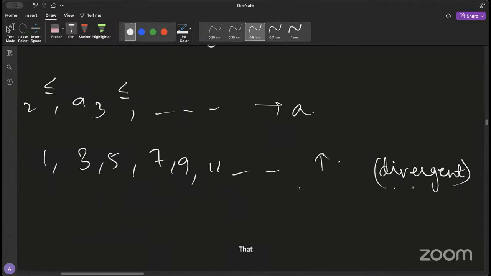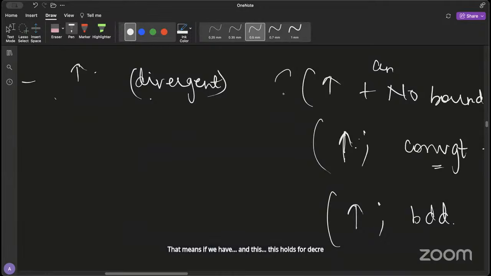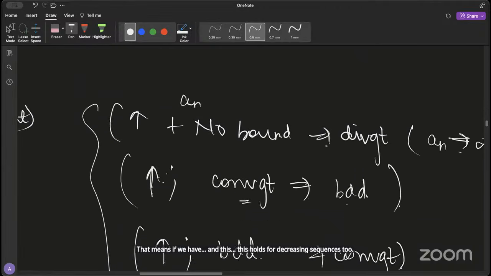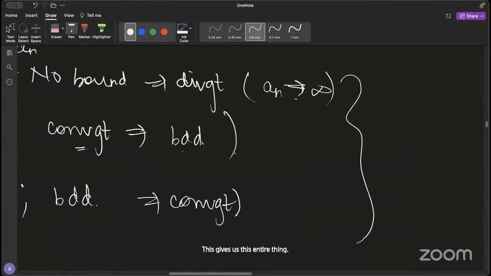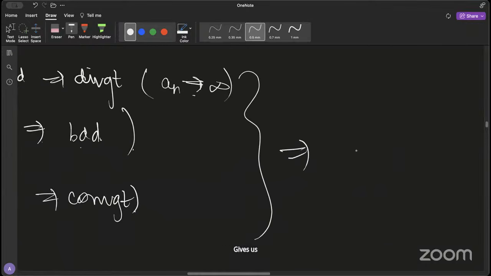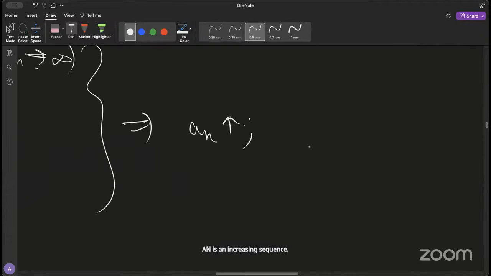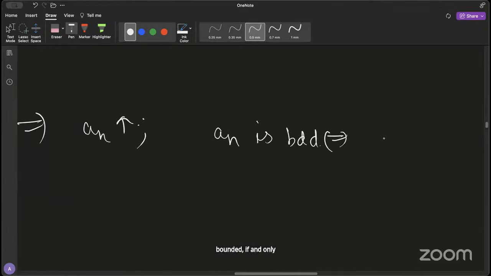This holds for decreasing sequences too. Now, what do these things give us? This entire thing gives us that if an is an increasing sequence, then an is bounded if and only if it is convergent.